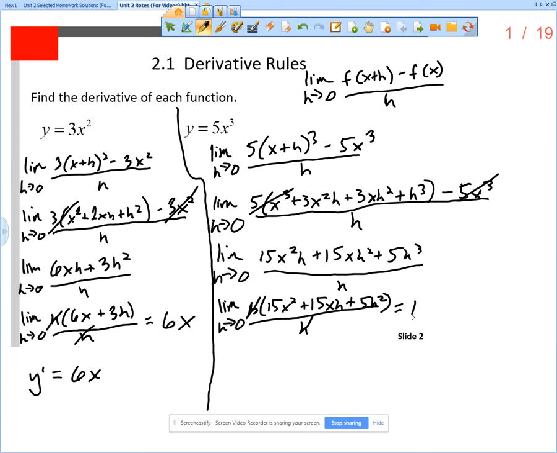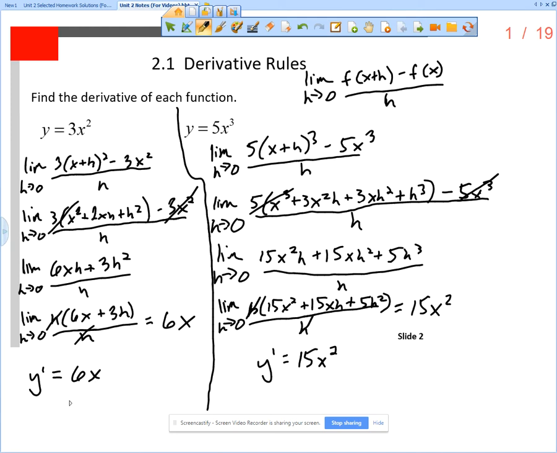So I would get 15x squared plus 15x times h, which is 0, plus 5 times 0 squared. So I just get 15x squared. So that means if y is 5x cubed, then y prime is 15x squared. So do we recognize a pattern? 3x squared became 6x.